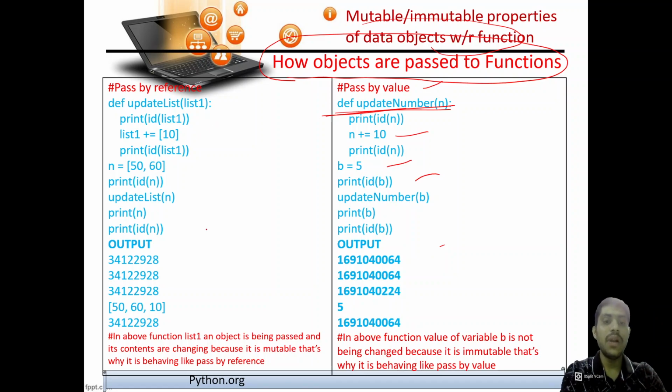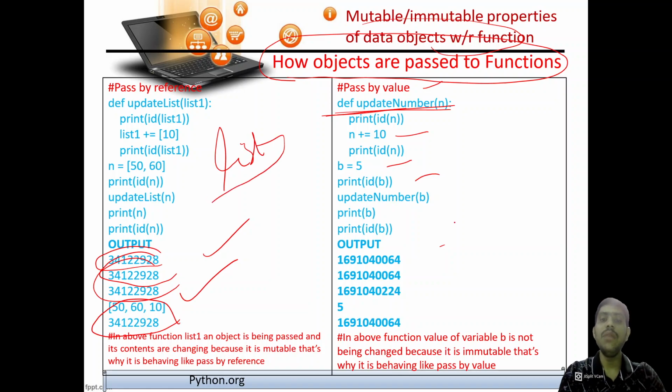Here they have taken a list, so you get the same memory address everywhere because a list is mutable. When it is immutable, like a number, if you change the number inside it, you will get a different ID. In the above function, a list object is being passed and its contents are changing because it is mutable. That's why it is behaving like pass by reference.